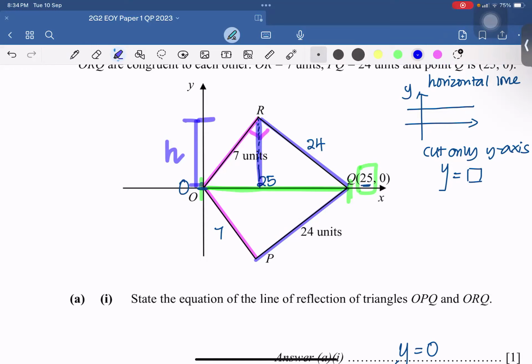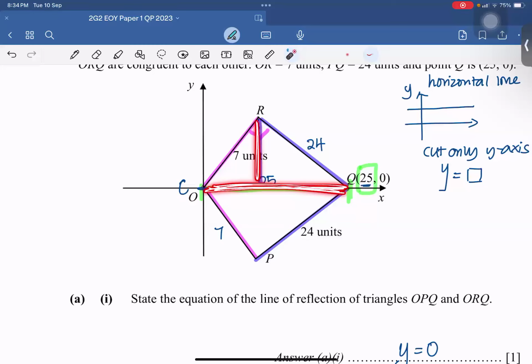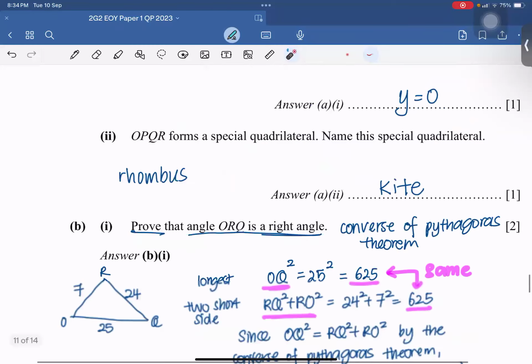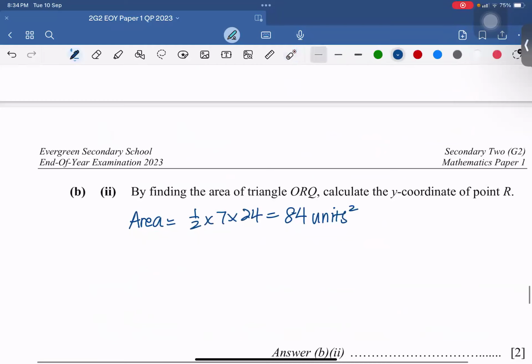If I want to find this height over here, the base will now turn into 25. So I need to use this too. So the area of the triangle is also half times base times height.